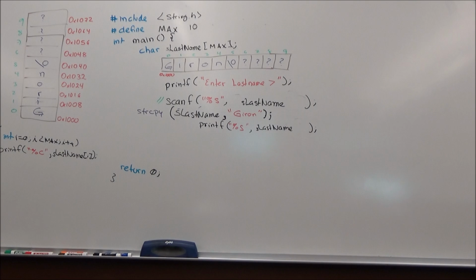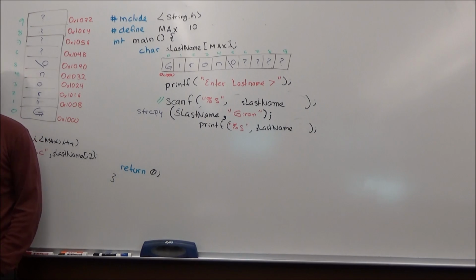And it can be implemented anywhere inside the driver, the main. Like, after the variable, character array last name, we could just add string copy, last name, and then implement the string Hirón.